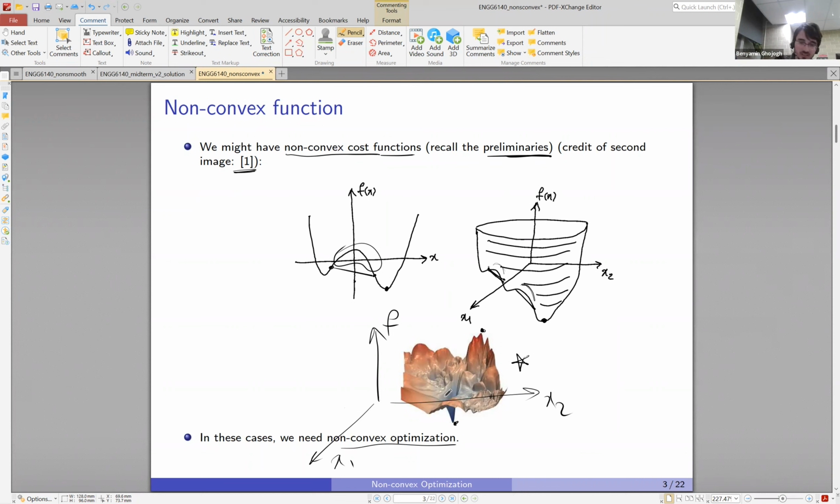If the cost is a scalar, the dimensionality of the gradient will be the same as the dimensionality of your input, your optimization variables. So for example, in this case, your gradient will be two-dimensional because the cost is a scalar, but you have two variables. But according to the discussion that we had on the dimensionality of the derivative in the preliminaries, do you remember?